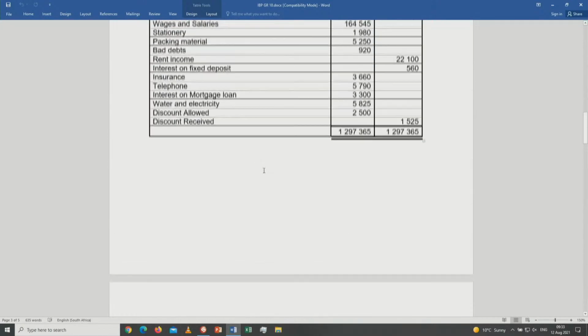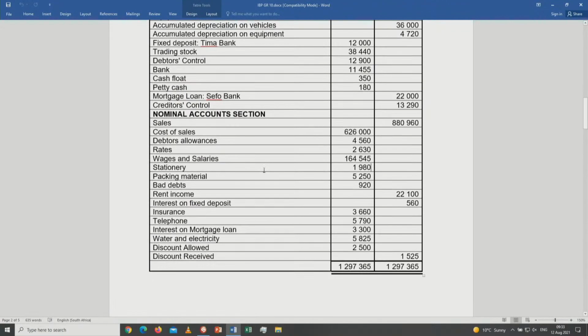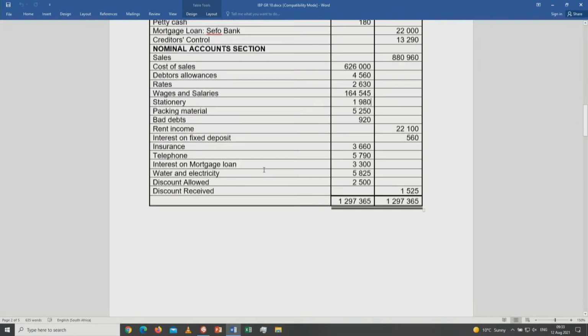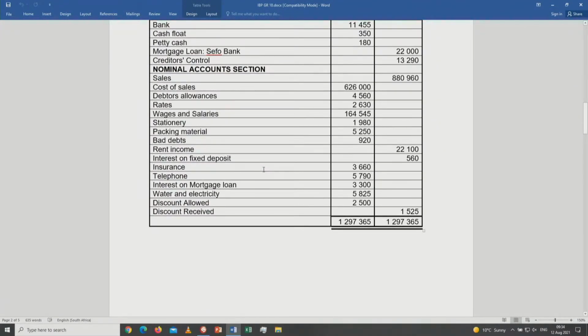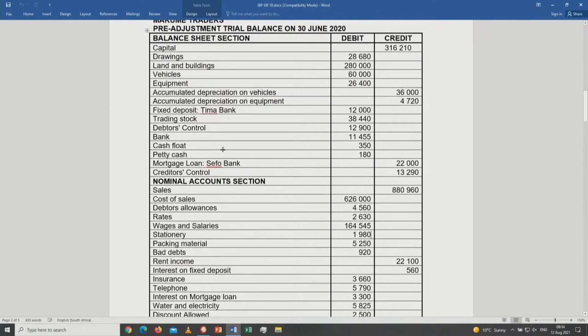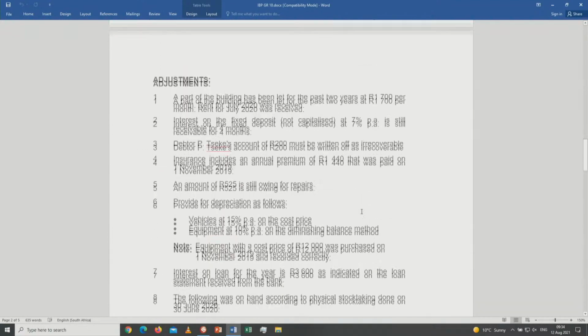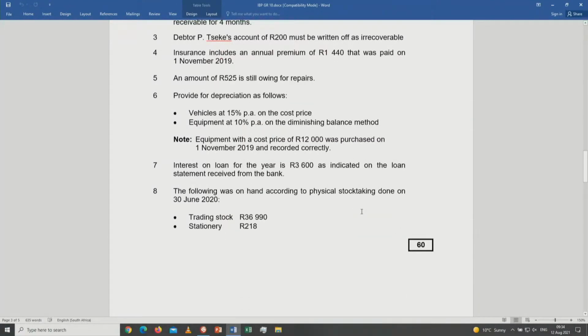But look at our books. According to our trial balance, the trading stock is supposed to be to the value of 38,440. So basically, what we are counting is lesser than what appears on our books. Therefore, in that case, it will be trading stock deficit. It is a loss. No, it is an expense.